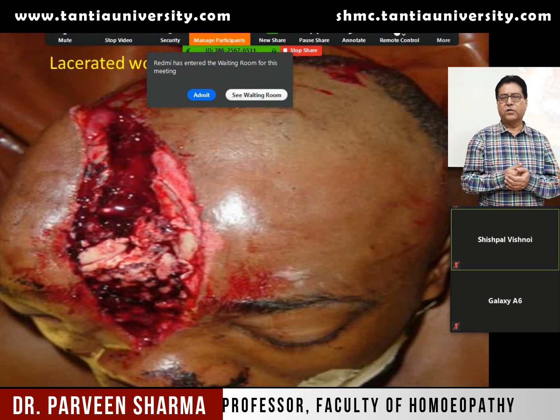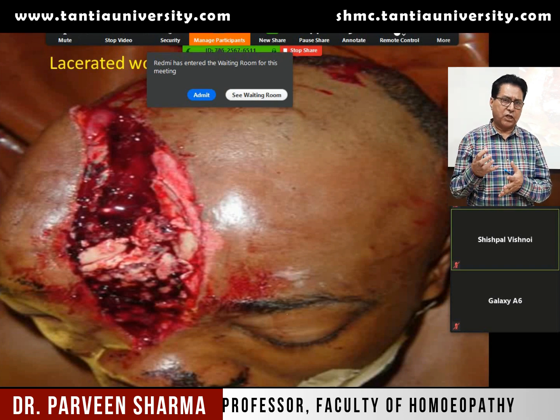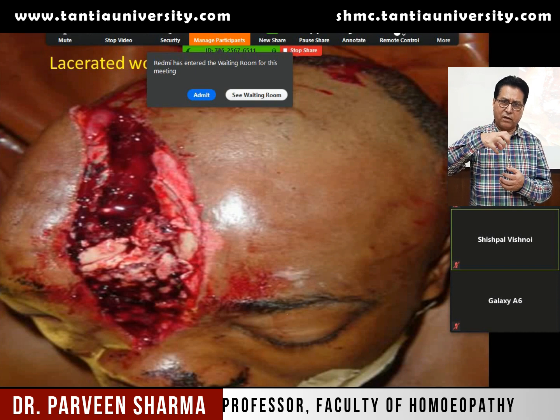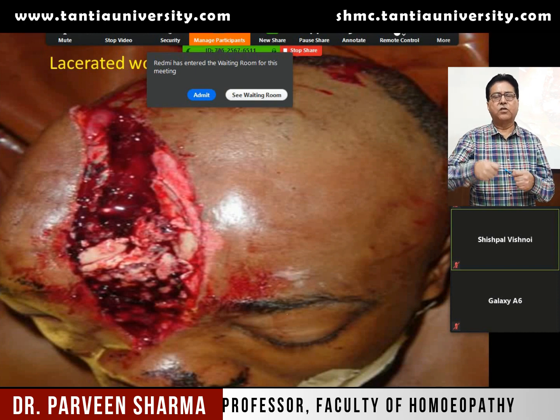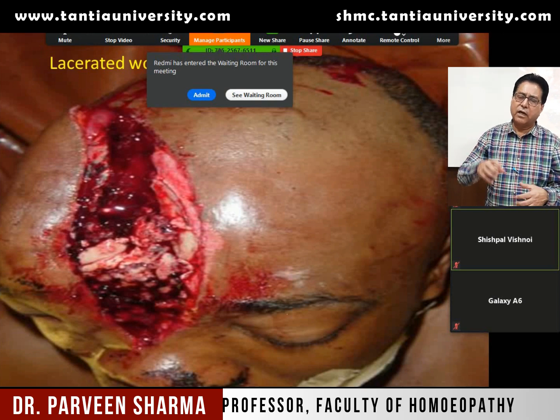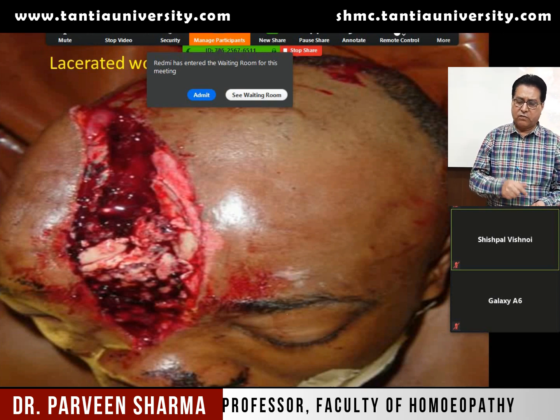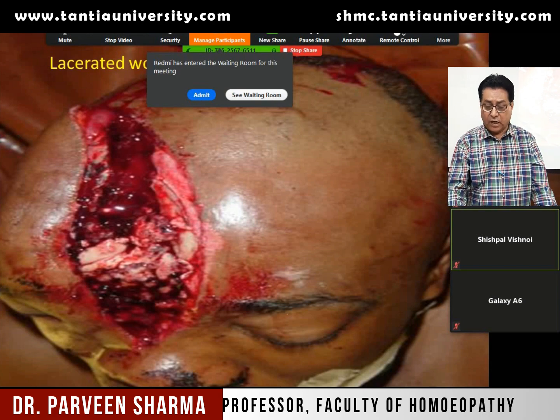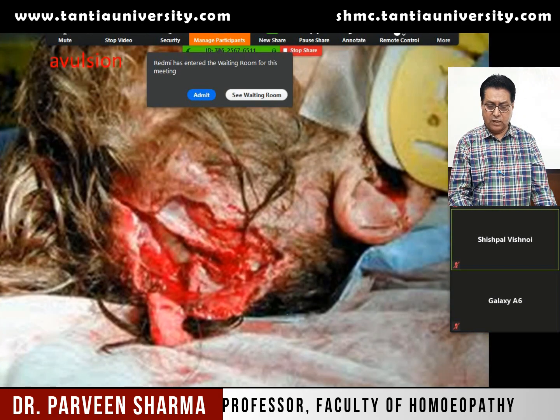But in the case of the skull, the avulsed portion, the portion which comes out from the skin, is kept back to the skin and then the skin is sutured. Because the avulsed portion is taken up, it heals also, and because of the rich blood supply, the avulsed portion need not be cut. So this is also an applied aspect. You see, this is the avulsed portion which comes out. So we can keep it back and we can do the suturing.